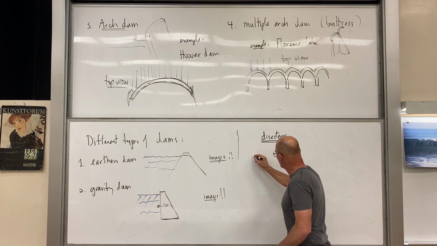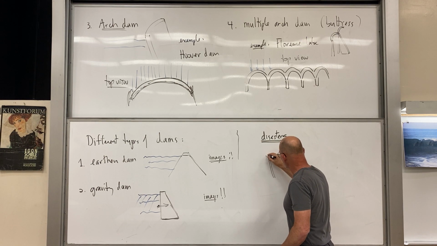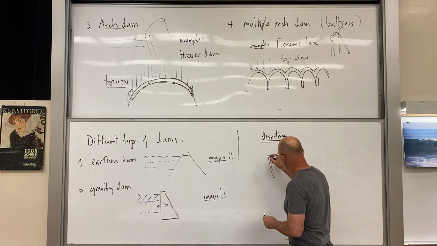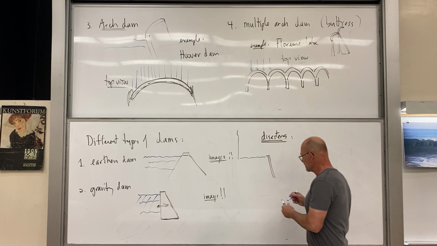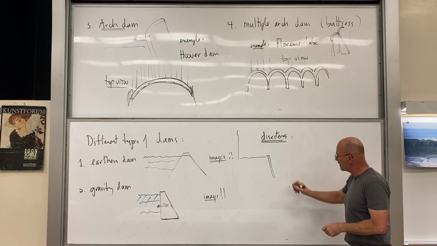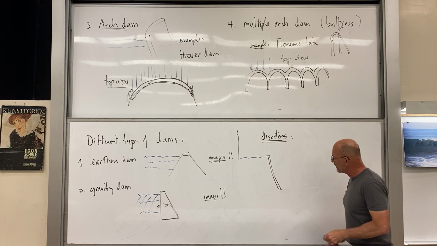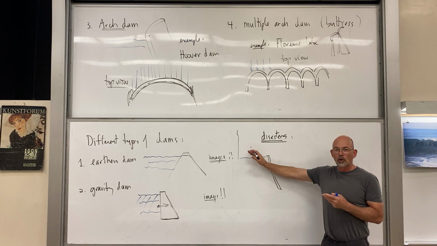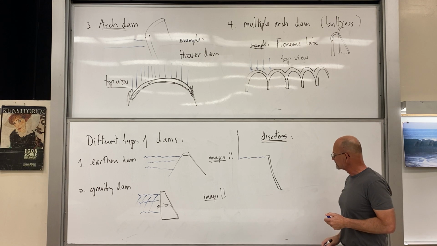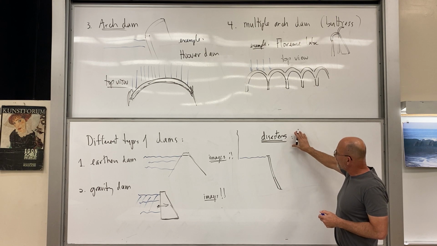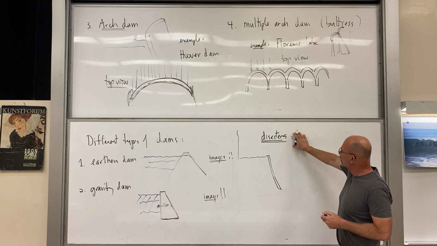So once more, we've got our dam here. You've got a large amount of water stored. These are enormous masses of water. And so there are a couple I'd like for you to look up.